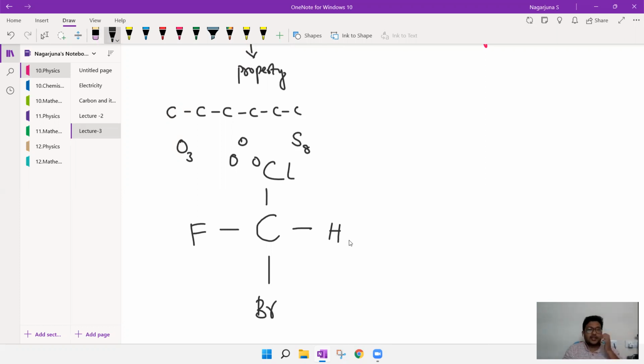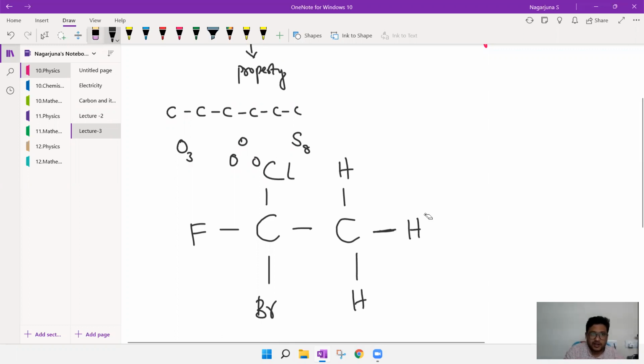Like that, it can combine with different elements. Here, instead of hydrogen, if it is combining with another carbon, then this carbon will have 4 valencies. And if hydrogen fills the position, there will be 1 valency. If hydrogen is combining with the carbon, there the chain ends.